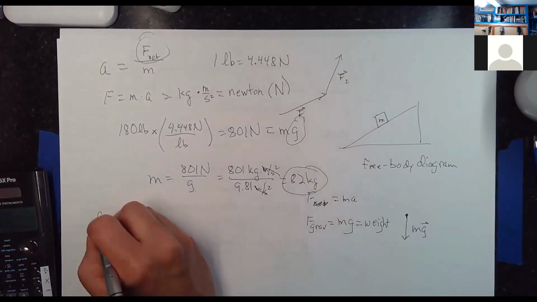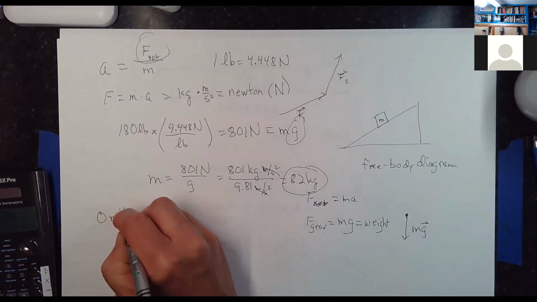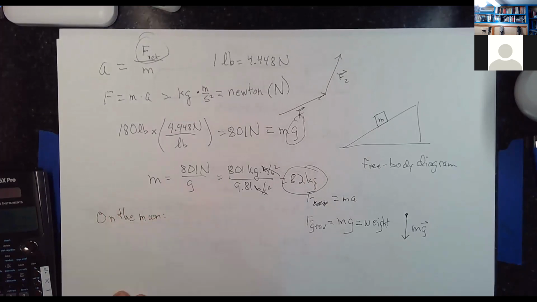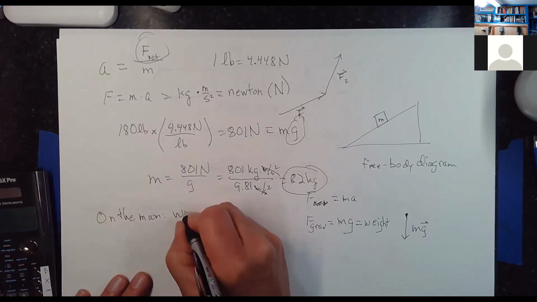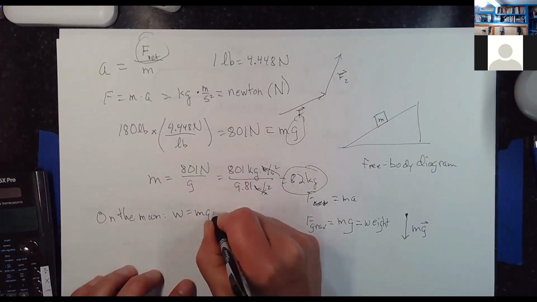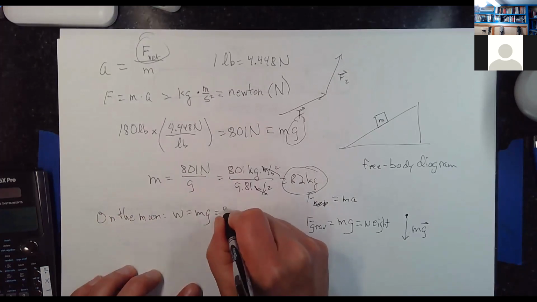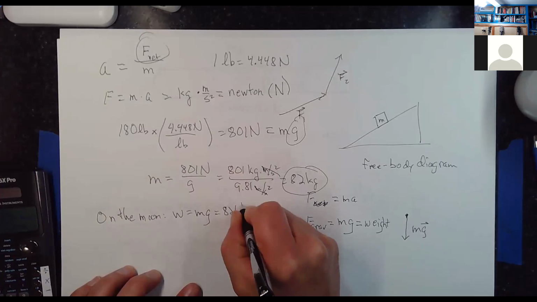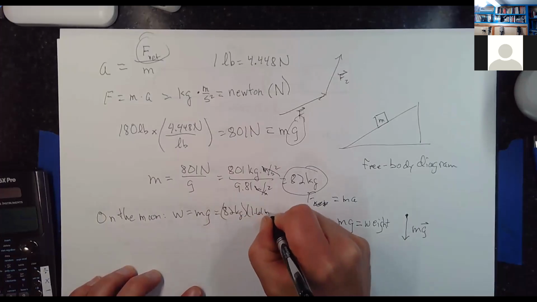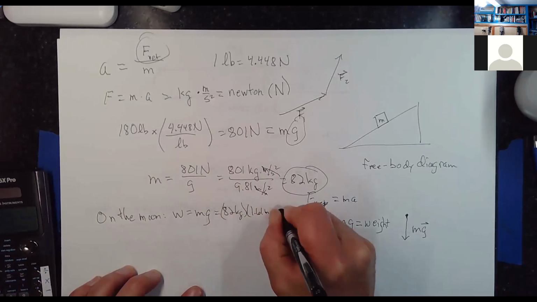On the moon, the weight, that's a lowercase w, which is just mg, is going to equal those 82 kilograms times 1.61 meters per second squared.